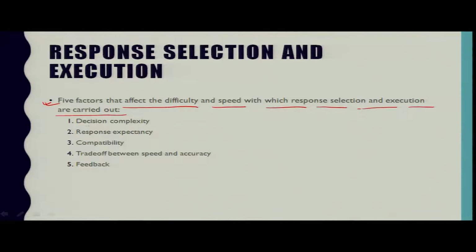The first factor is decision complexity. The second is response expectancy. Third is compatibility. Fourth is the trade-off between speed and accuracy, and the fifth is feedback. One by one we will take these factors and understand their role in response selection and execution.